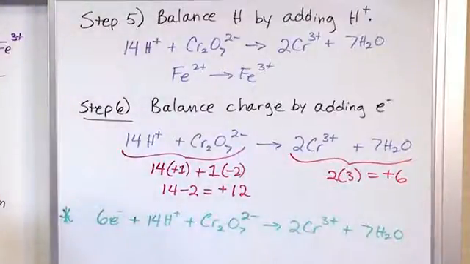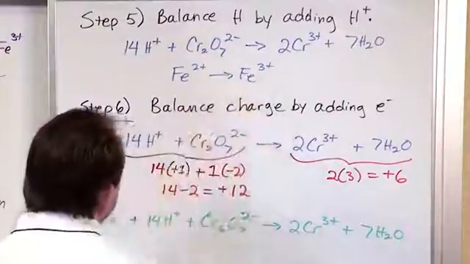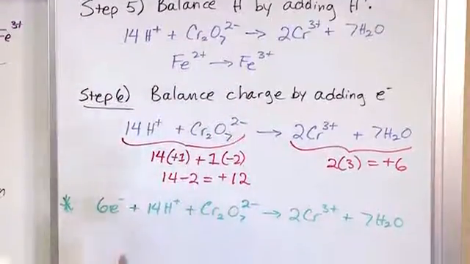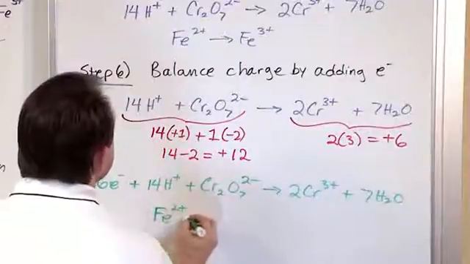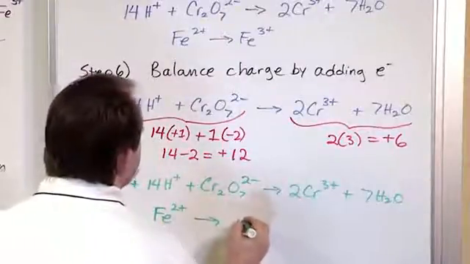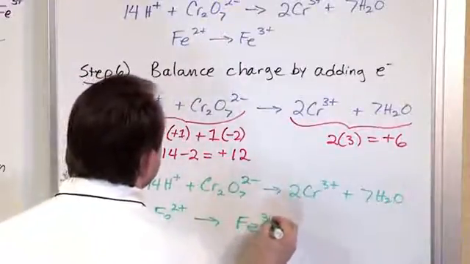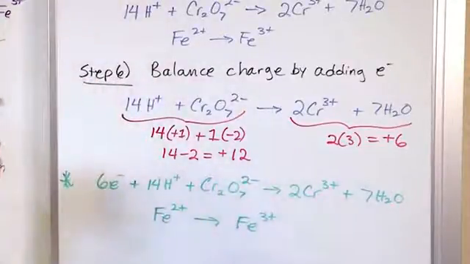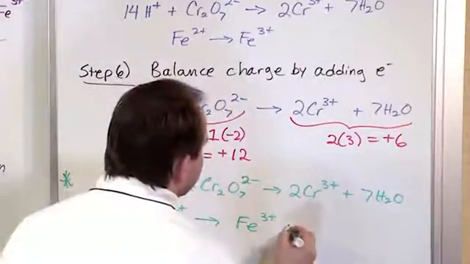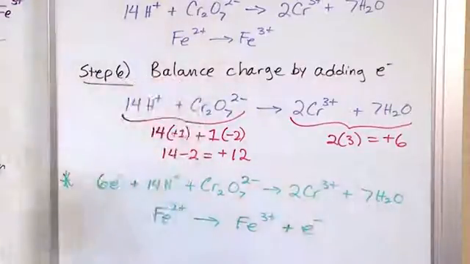Now, when I look at the other half reaction, I have another half reaction to deal with here. This is going to be Fe2+, and then we have Fe3+. So where does the electron go here? This one particular one's a lot simpler to look at. Where is this going to go? I need to have one single electron on this side.